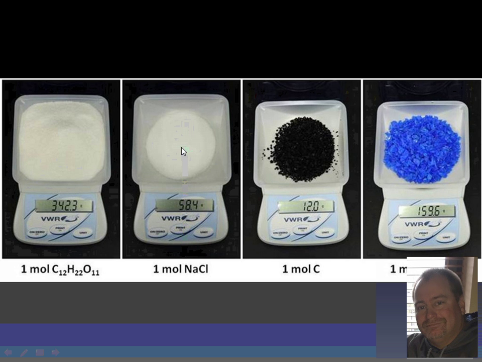So, right here in the measuring dish is 1 mole of sodium chloride. So I would say that is Avogadro's number, 6.022 times 10 to the 23rd formula units of sodium chloride.